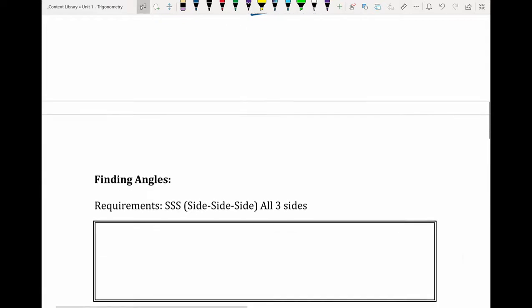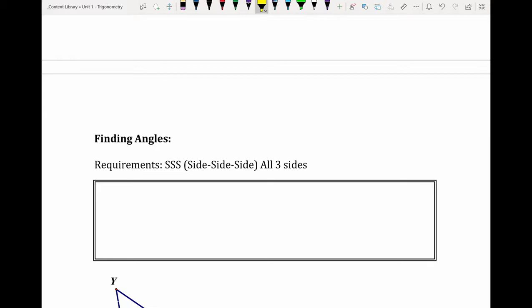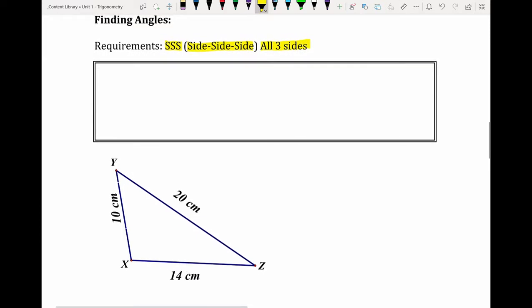The other option is if we're trying to find an angle. And the requirement for that is that you have SSS, which is side, side, side, where basically you have a non-right angled triangle and you're given all three sides. If I look at this example here, triangle XYZ, I have all three sides but no angle. And the formula for this is basically those other formulas rearranged. It's the same thing, except we're just switching it up based on what angle we want.